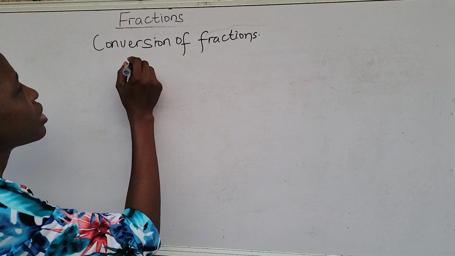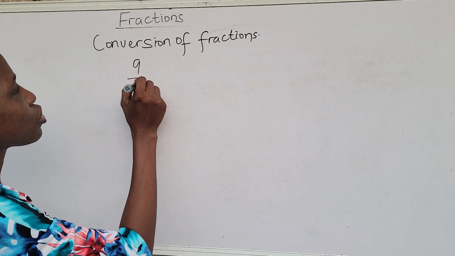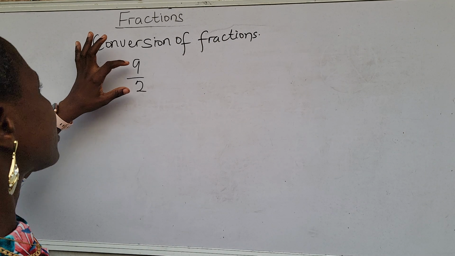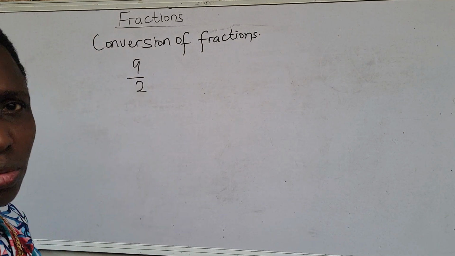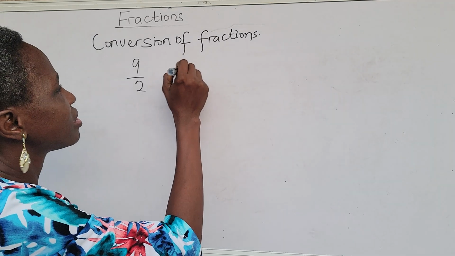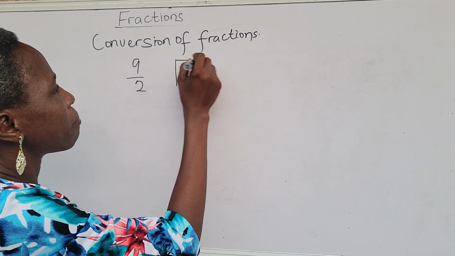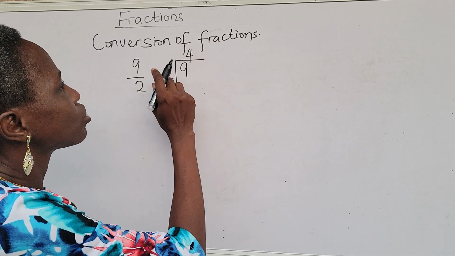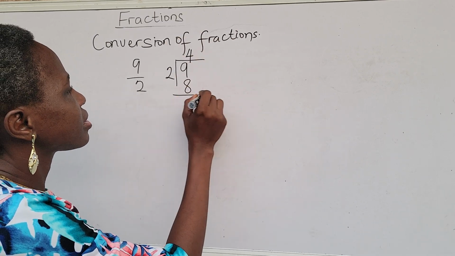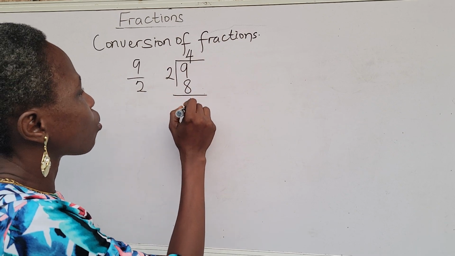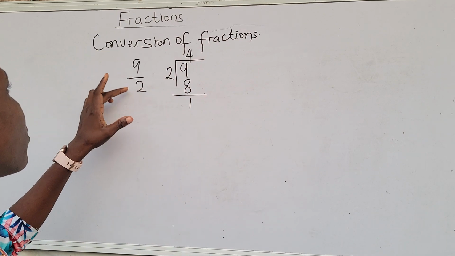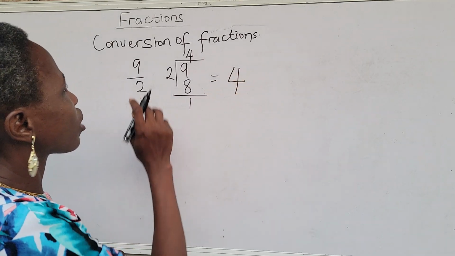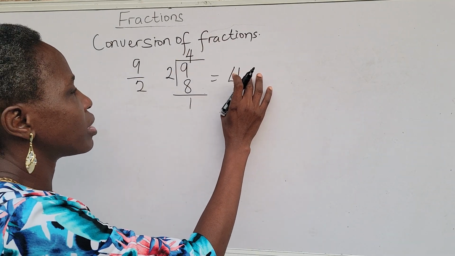Now if I have 9 over 2 and I want to convert it to mixed, what it means is divide 9 by 2. 9 divided by 2 is 4. 2 times 4 is 8. 9 minus 8 is 1. So 9 divided by 2 is going to be 4. That 4 will be a whole number.